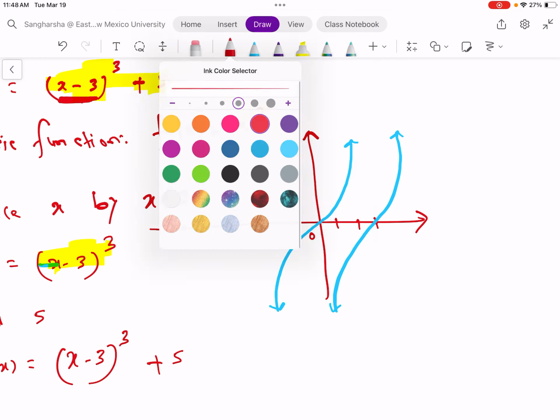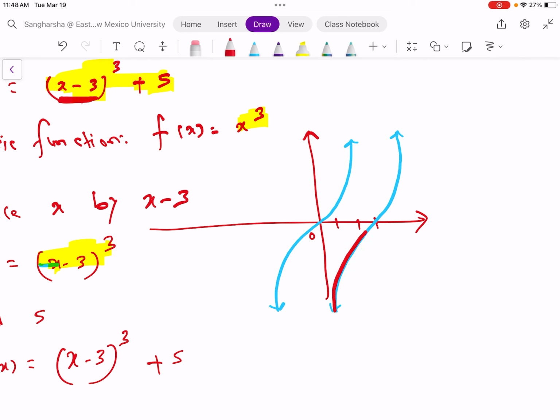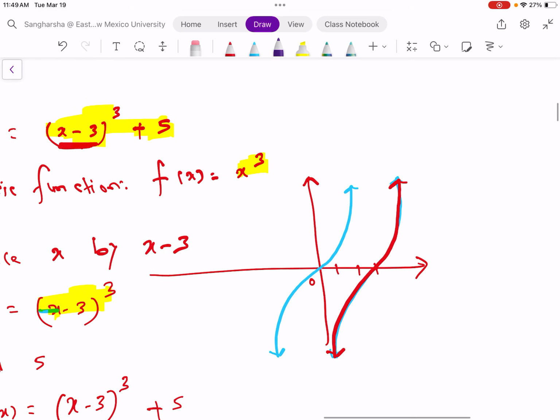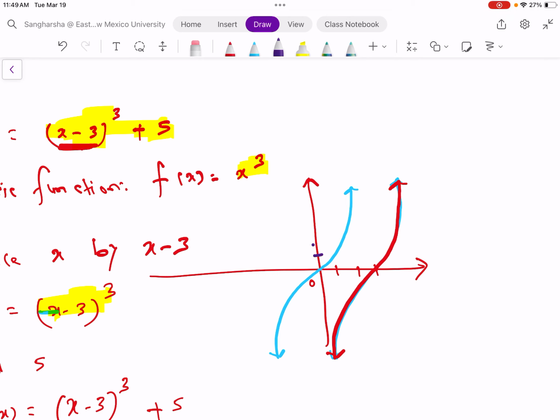Let me use a different color here. We have this red graph. Now we shift this red graph vertically up by 5 units. 1, 2, 3, 4, 5. So this is the final graph, f(x).